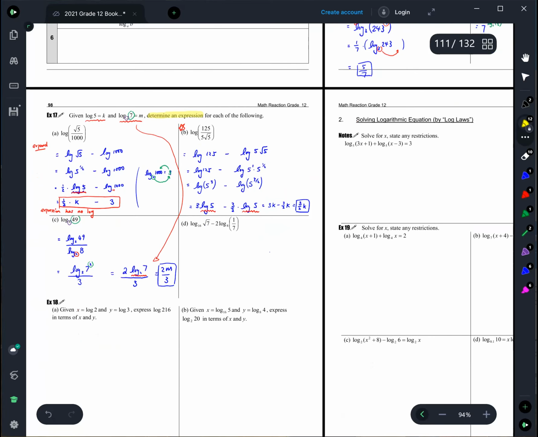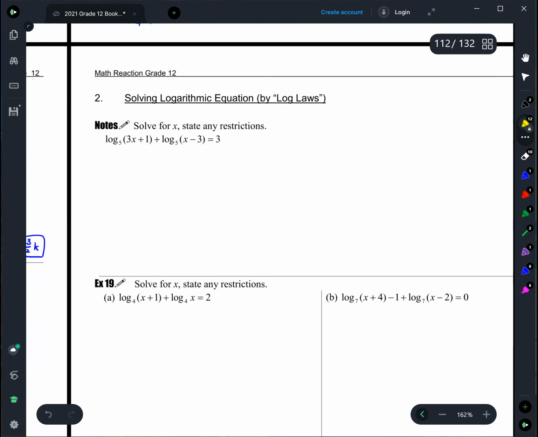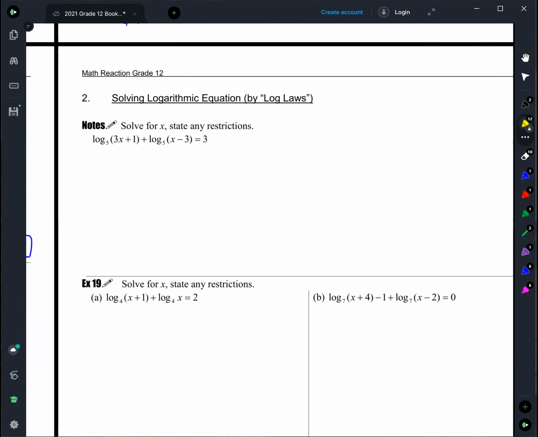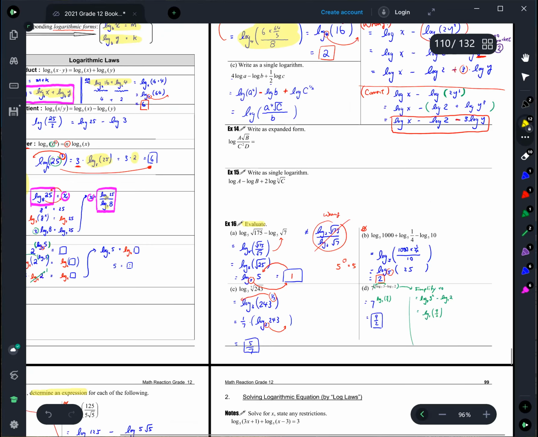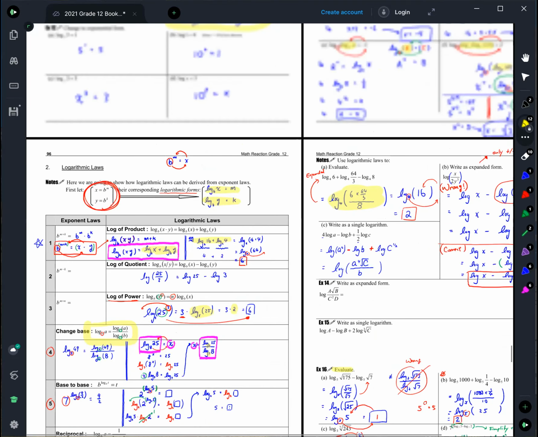Now we're gonna look at equations. So we covered all the log laws that we need, the most common ones. So the second part, right? What was the first part? First part, how come it says 2? That should be 3.